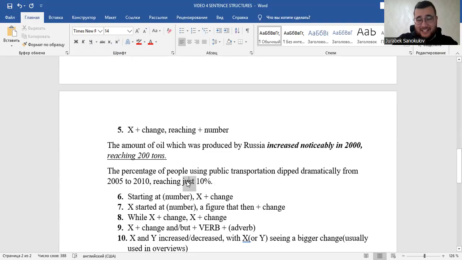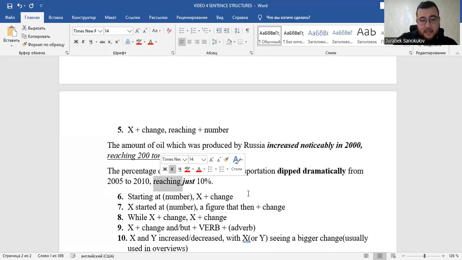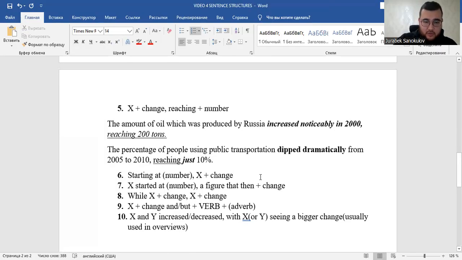So I included just, you can include it as well to talk about small numbers, right? So I use the same sentence structure again. Here's the change, and here's the word reach. So that's how you will use it.